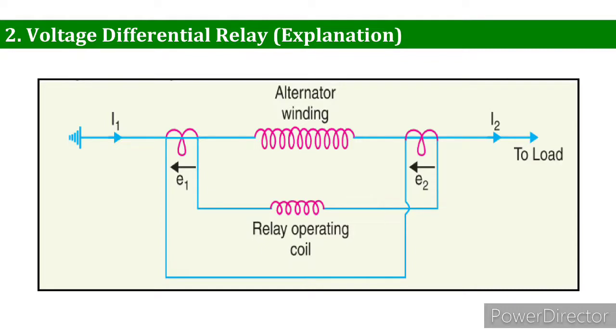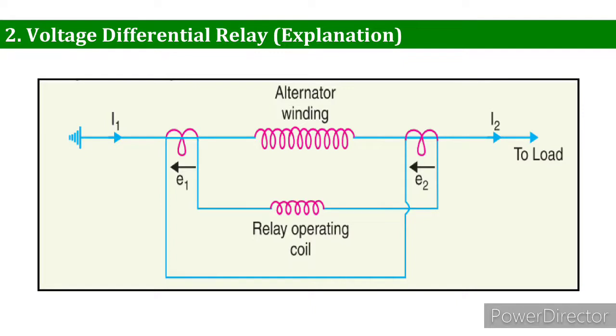Now, what is the second condition, the unhealthy condition? As you know, when a fault occurs, the current in the two primaries will differ from one another. They have two currents I1 and I2, and both are not equal, and we say that there is a fault. So if I1 and I2 are not equal, the secondary voltages will no longer be in balance.